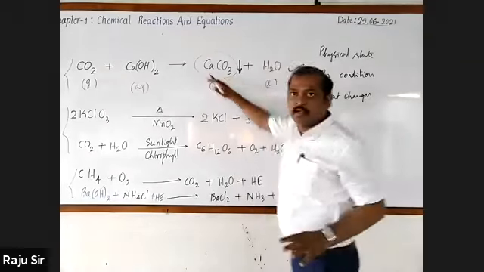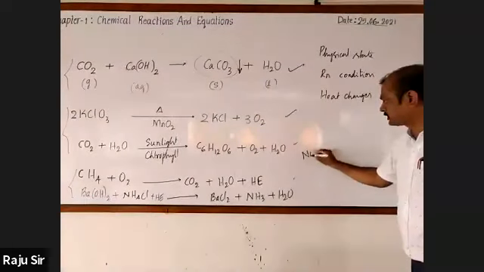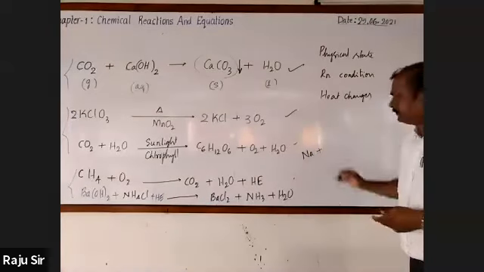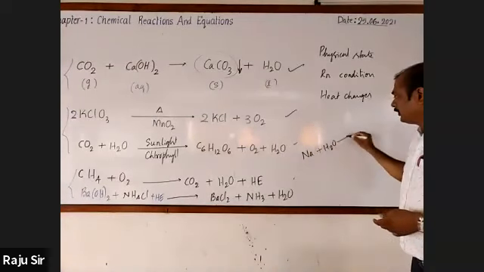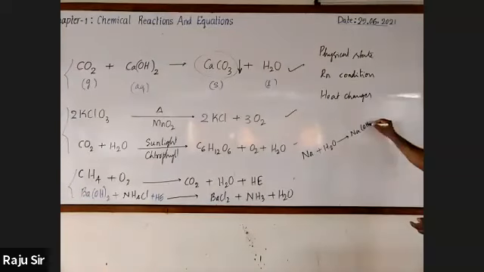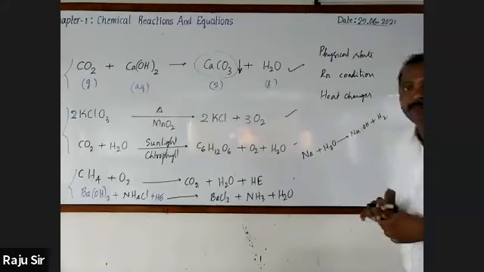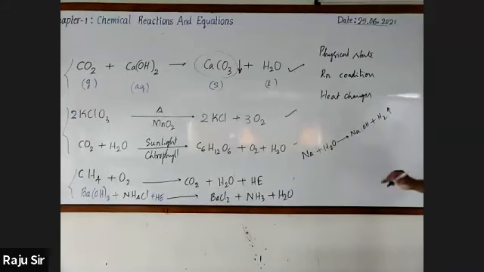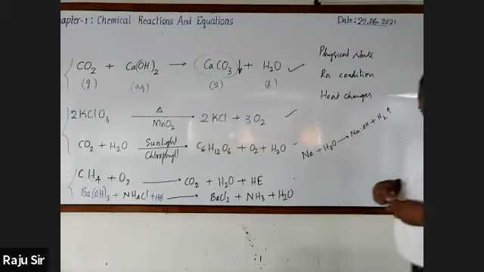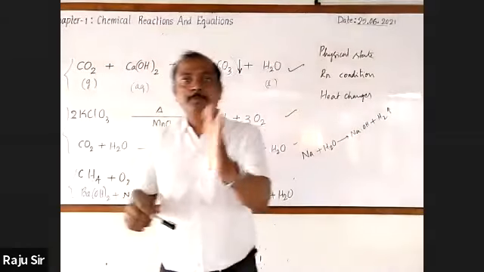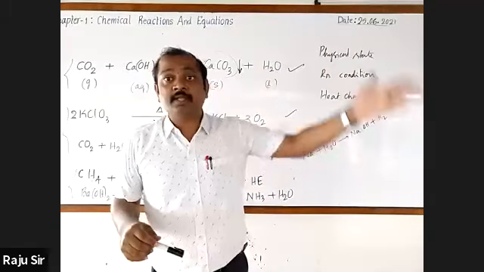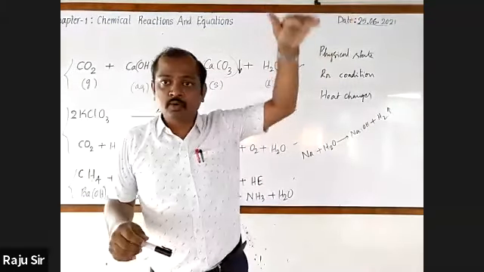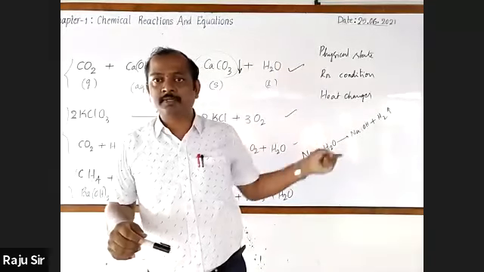Got it? And you also know the chemical reaction in which sodium reacts with water to form sodium hydroxide and hydrogen gas is liberated. When the gas is liberated, it can be represented by an upward arrow mark. Upward arrow mark indicates the gas is liberated. Downward arrow mark indicates the precipitate is formed.